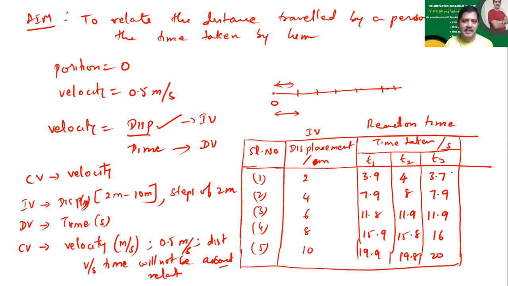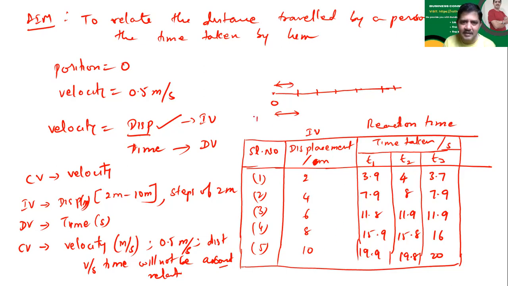Now, to calculate the velocity, what was our interest here? First is to relate the distance taken by a person with the time taken by him. Okay, we have done this experiment. Now, let us understand. This is an infographic. In an infographic, what is it that we need?